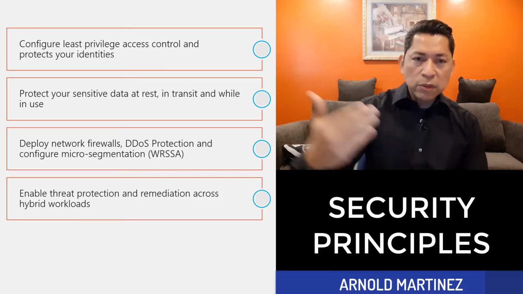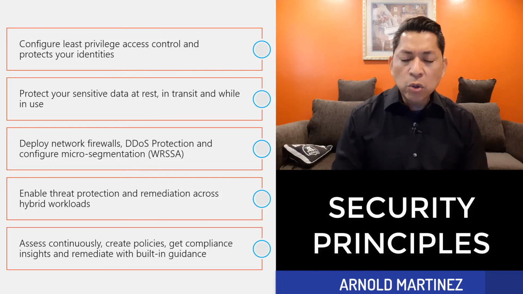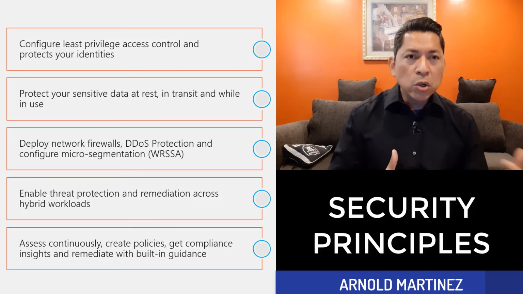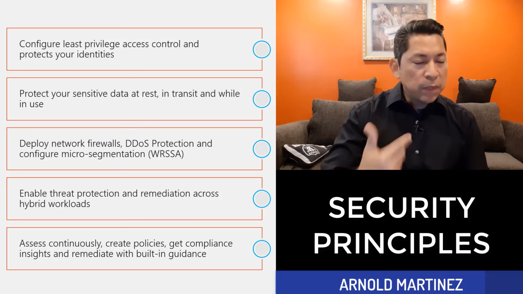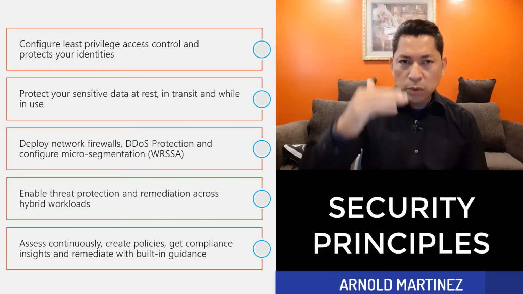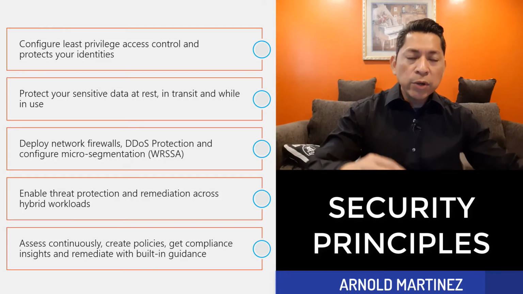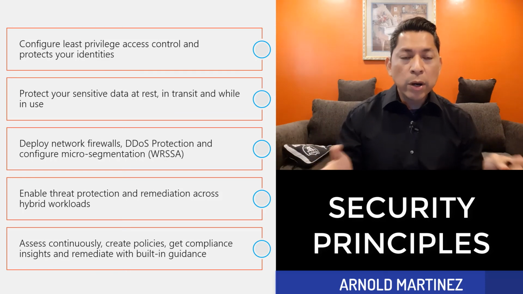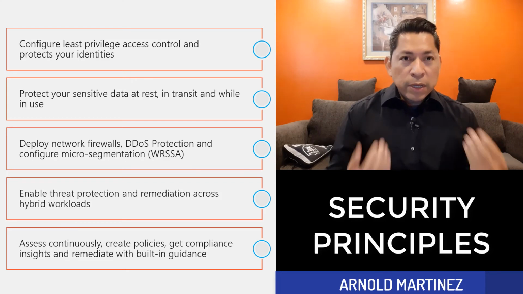Now, the fifth principle, and the last one that I'm going to mention, is to continuously evaluate your security posture, okay? Create the policies that you require. If you need to be in compliance, translate your security and compliance policies that are required in your industry to Microsoft solutions.